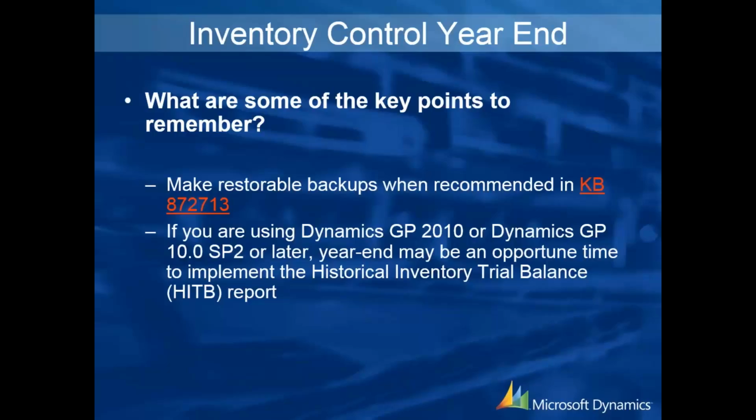For those of you that are using inventory, does everybody now have the historical inventory trial balance report? Is there somebody that does not have that report or maybe doesn't know where it is? I'll take that as everybody has it.